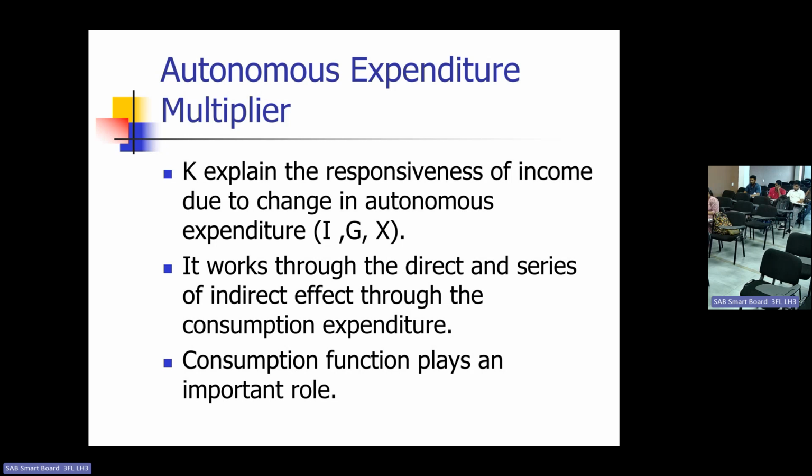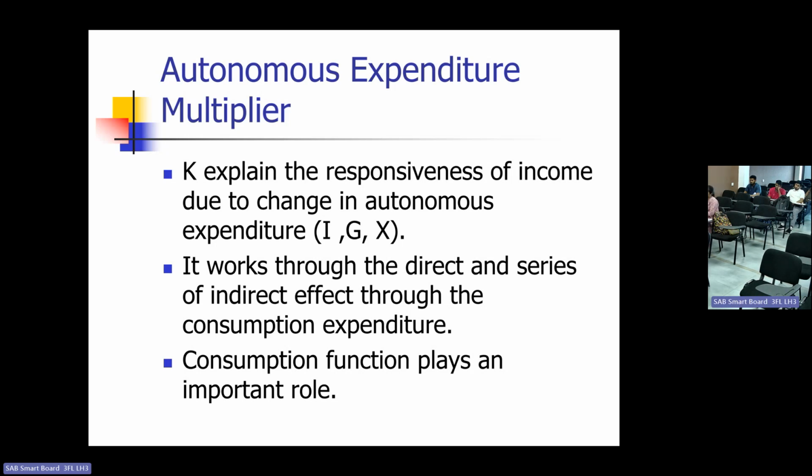So this is our equilibrium equation for the open economy environment, with the government and the external sector. This is the autonomous expenditure multiplier.